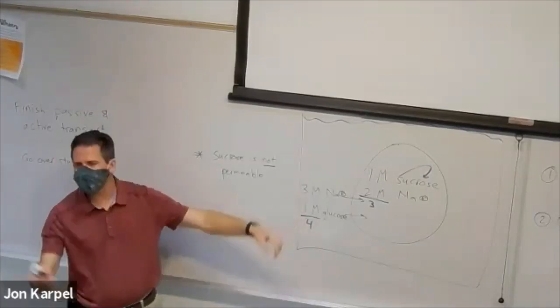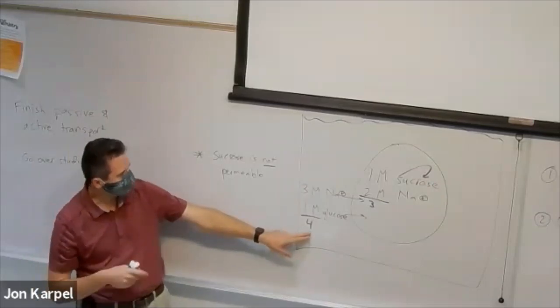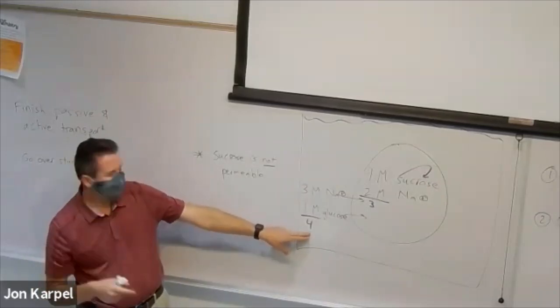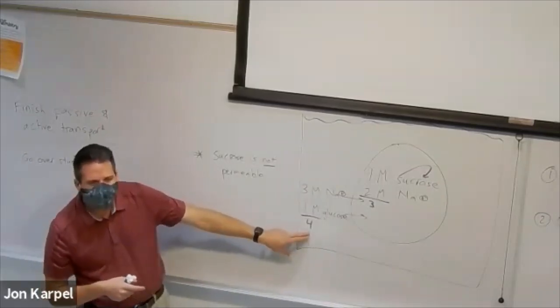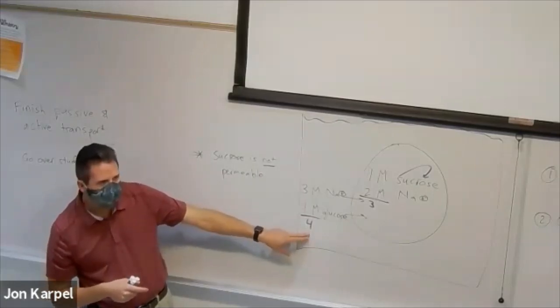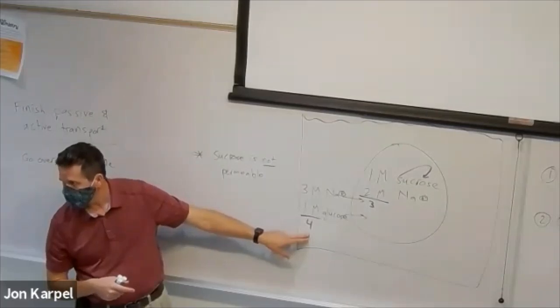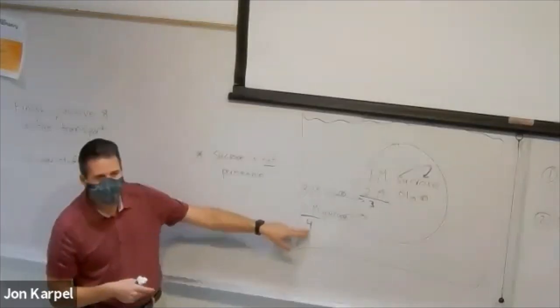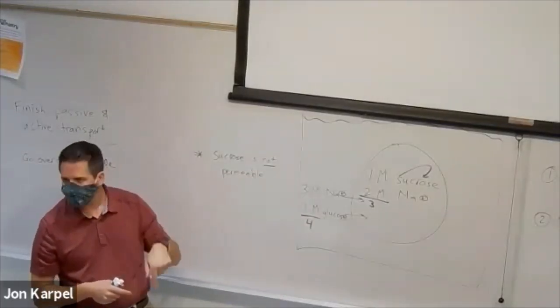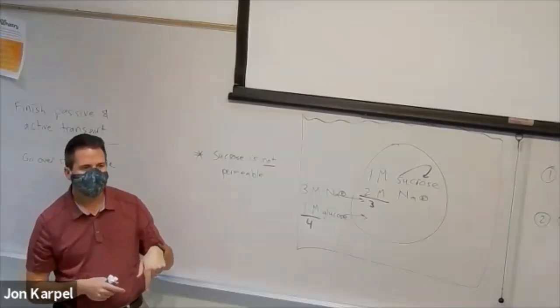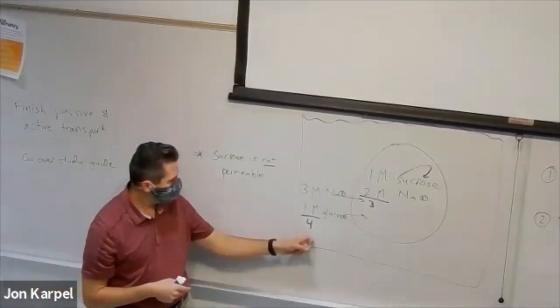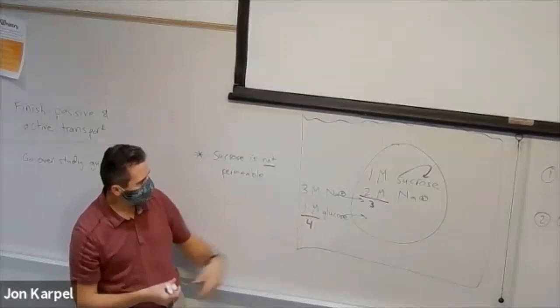Good. So remember, this is solutes, so it's higher solutes outside. And again, the volume's the same. It's higher solutes outside, so that means more hydration shells around each solute. More hydration shells means less free water. Remember that? So more solute, less free water.